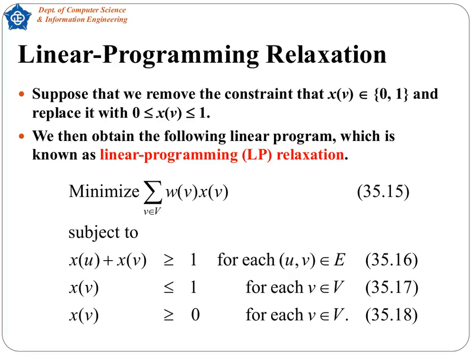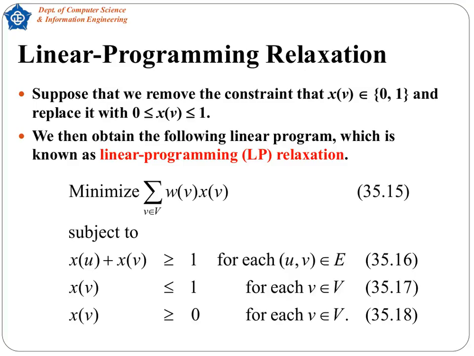Now we relax the integrality requirement on each x_v, allowing it to take any value between 0 and 1, yielding the familiar linear programming relaxation. Our new objective is still to minimize the total cost, the sum over v of w(v) x_v, but the constraints become purely linear. 1. For every edge (u, v), enforce x_u plus x_v is greater than or equal to 1 to ensure each edge is covered. 2.